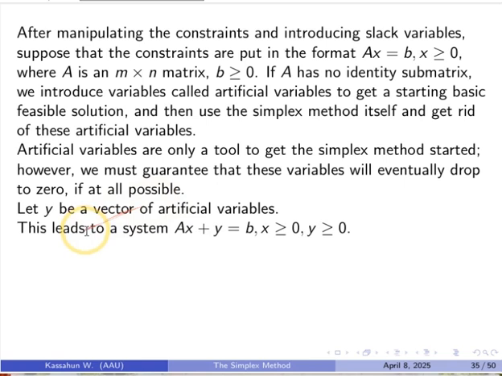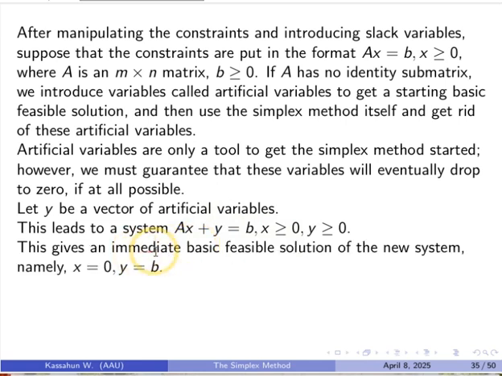Now let y be the vector of artificial variables added. Already we had Ax equals b, but with no identity submatrix. In that case, we add additional artificial variables y, besides the slack variables, surplus, and other variables.